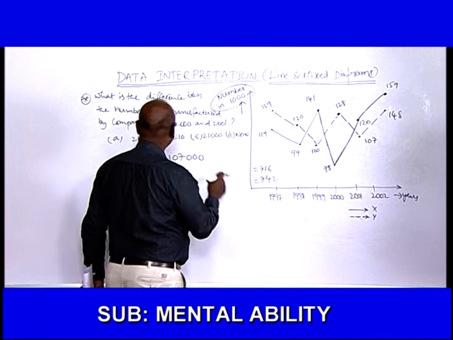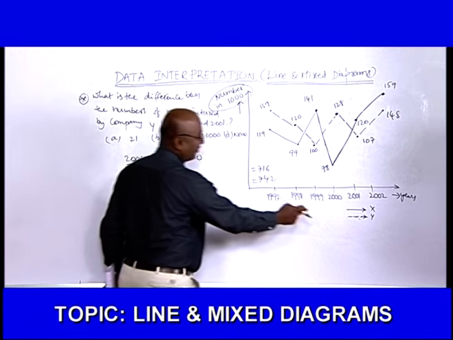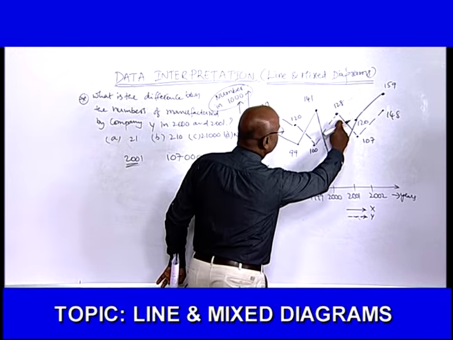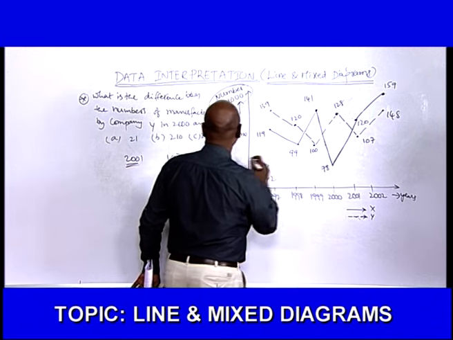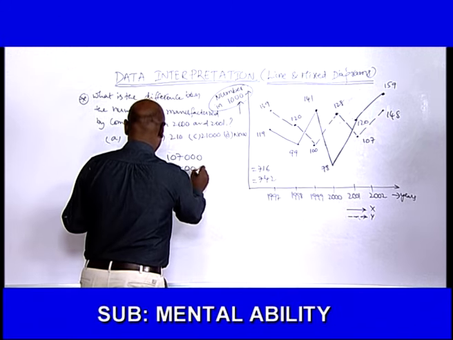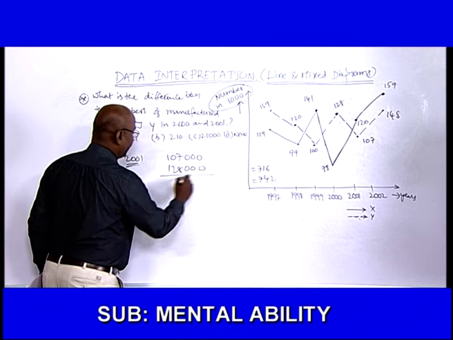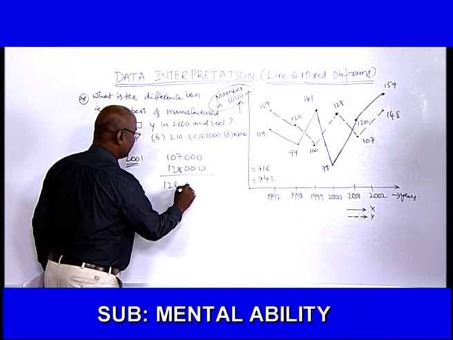And in the year 2000 the company Y manufactured 128,000. So the difference is 128 minus 107.